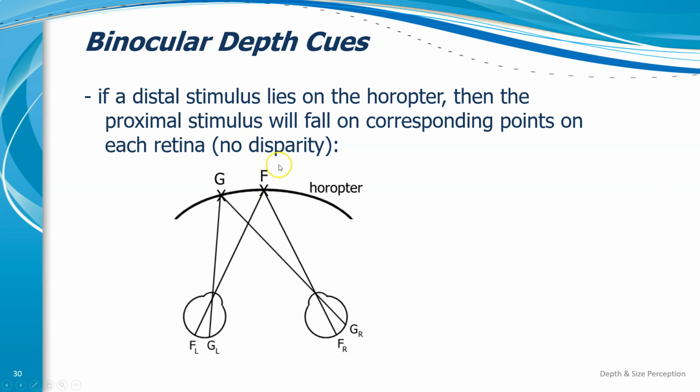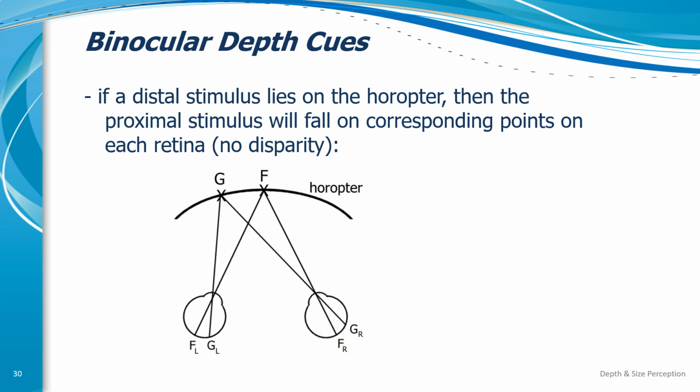Now if we take a look at the image of object F, it'll fall on spot FL in the left eye and FR in the right eye. And that's basically the fovea. It was a good choice picking F for focus, F for fovea. So they're on exactly the same spot.